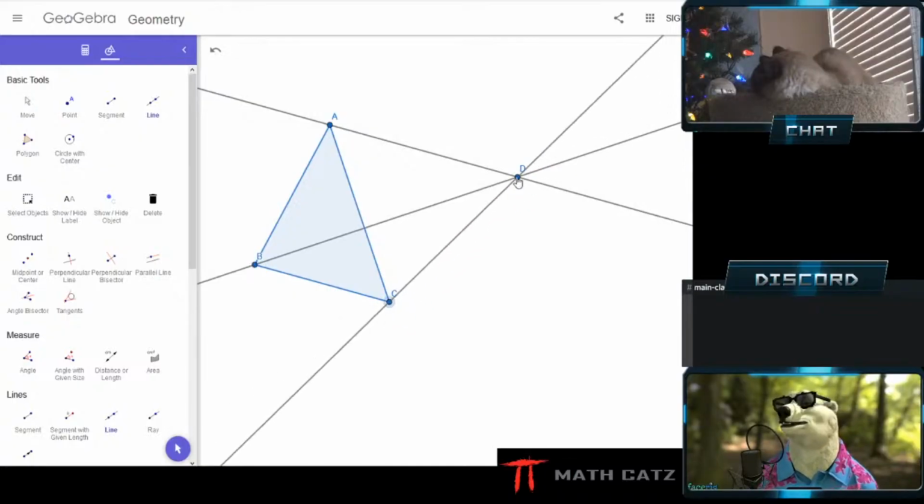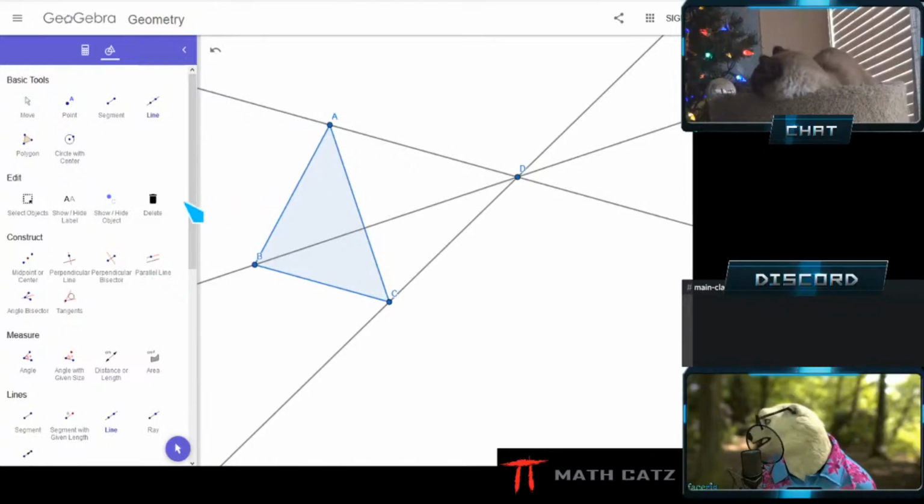So it's going to be a larger triangle than the original one, and it's going to be positioned according to this new point D. All I have to do is measure for each of these lines that I made, AD, BD, and CD, one at a time. Let's go AD. I have to measure AD and then multiply it by the scale factor, and then we'll see what we do.